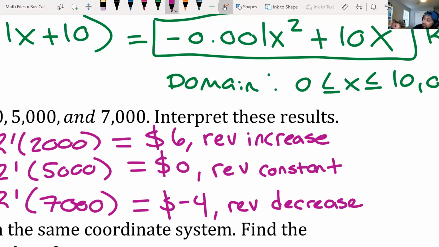And then at 5,000 headphones, okay, we're still new, but now maybe we've given a little discount. So now we're still making money, but not as much. But then now we make 7,000 headphones, and our headphones are probably not that hot on the market anymore. Maybe there was a bunch of defects. Who knows? Which means we have too many out, nobody's buying them, or they are buying them, but at a really discounted rate. So now revenue is decreasing by $4 per headset.